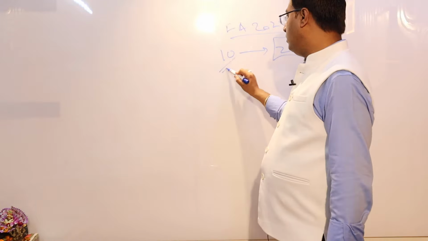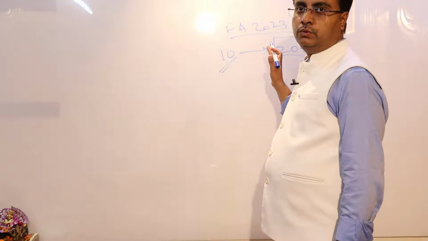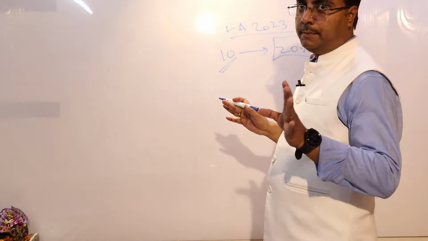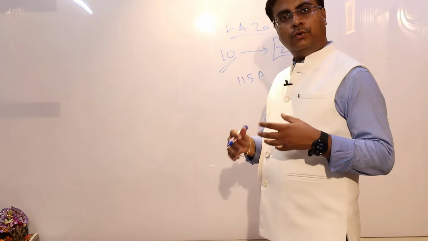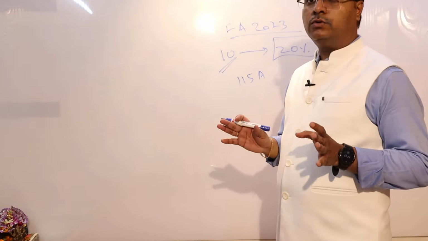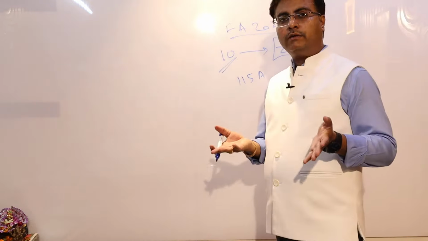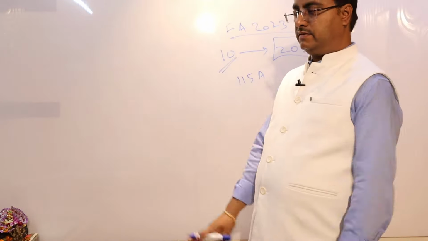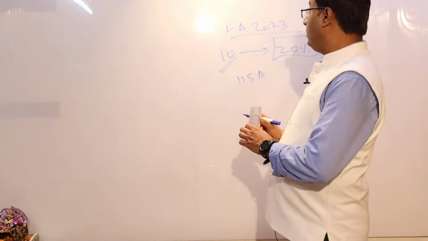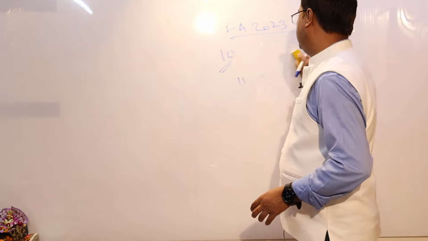Previously it was 10%, now it's 20%. This is an important amendment in section 115A. Royalty is also 20%, and dividend was previously 20% and is now also 20%. So there is an important amendment for 20%.